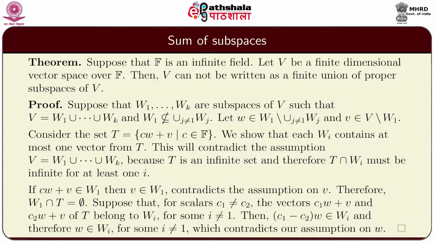But if we can show that T intersection Wi has at most one vector, then we have a contradiction.